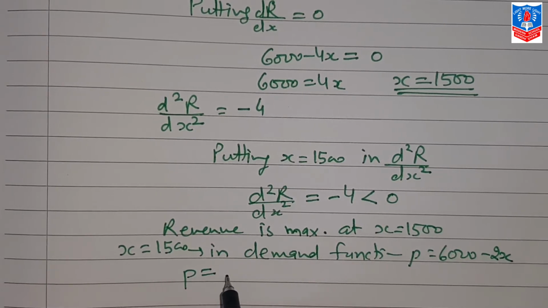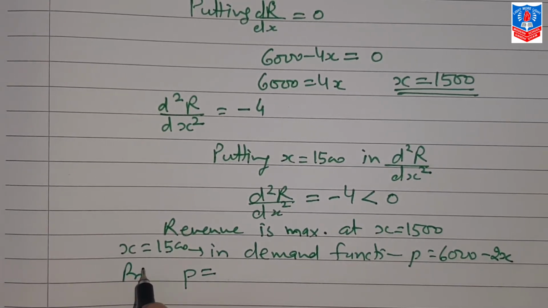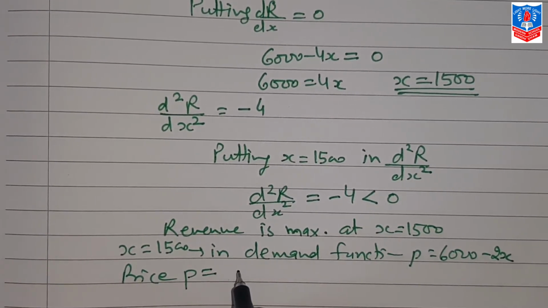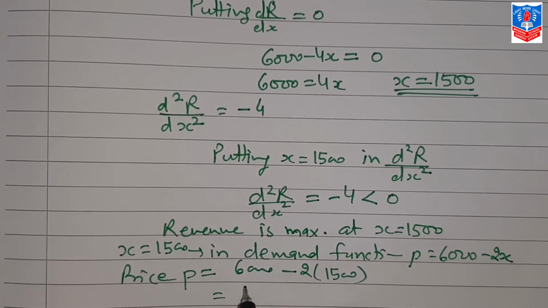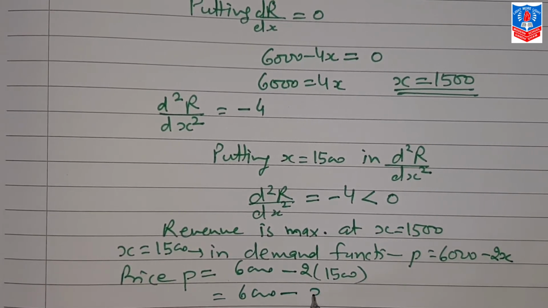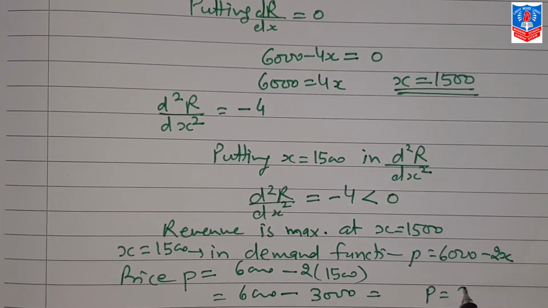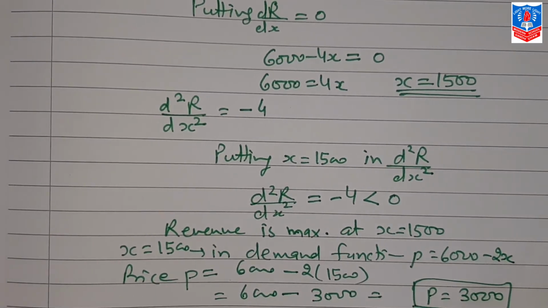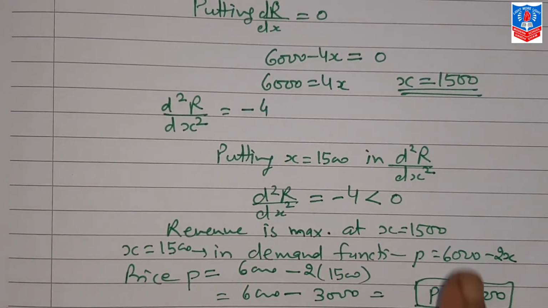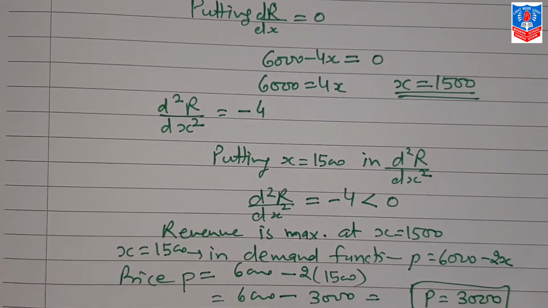So that price P will be 6000 minus 2 into 1500. So this will be 6000 minus 3000. So P will be 3000. So this is how we find the corresponding price.